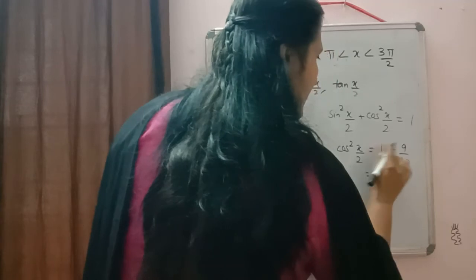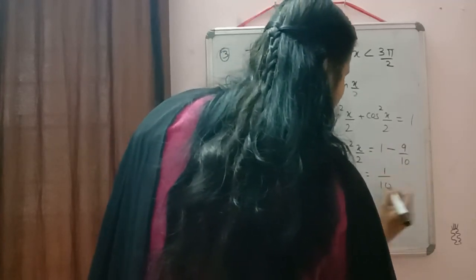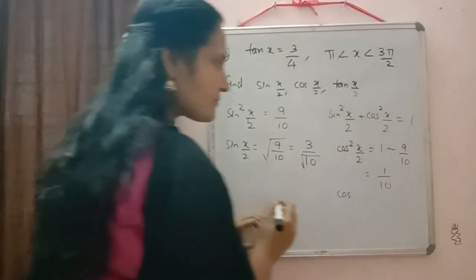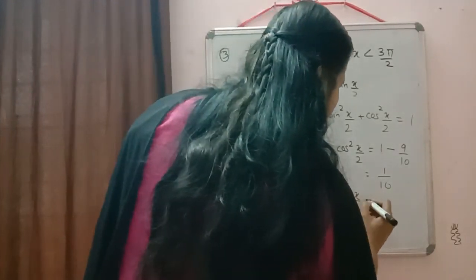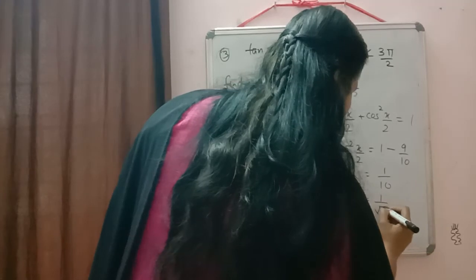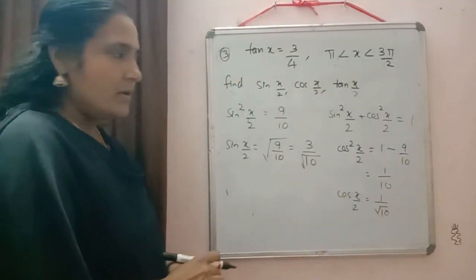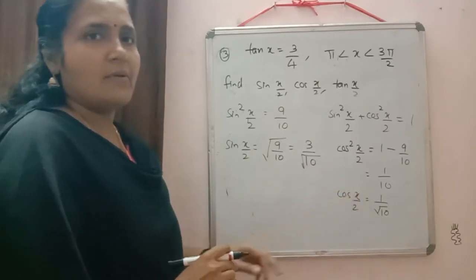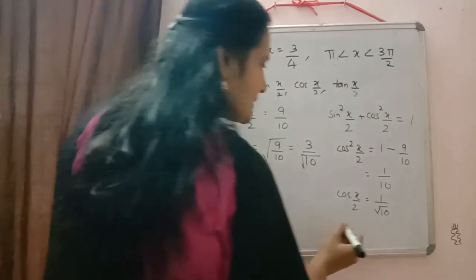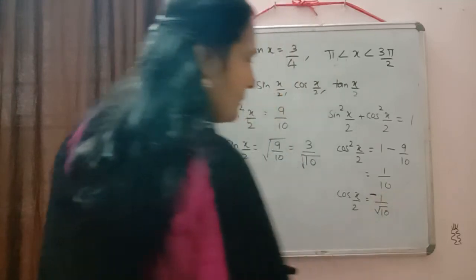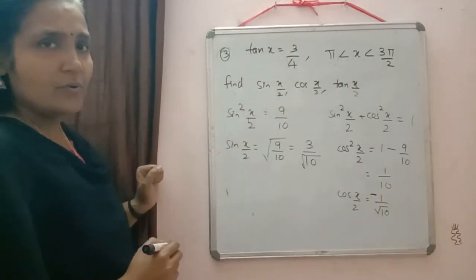So we will get here 10 minus 9, 1 by 10. Then we will get cos x by 2 is equal to 1 by root 10. Now just to check whether it will be positive or negative: x by 2 is in second quadrant, and in second quadrant cos is negative. So it will come minus 1 by root 10.